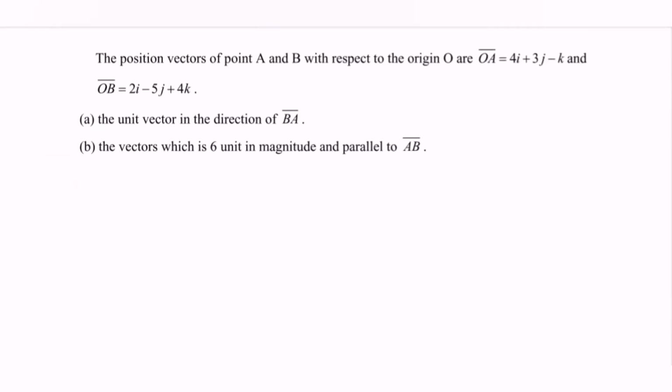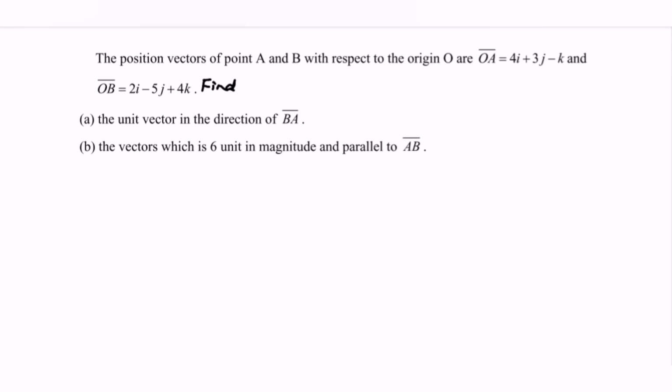Next, we are going to discuss another situation for vectors. The position vector of the points A and B with respect to the origin O: the position vector of A is 4i plus 3j minus k, and the position vector of B is equal to 2i minus 5j plus 4k. Find the unit vector in the direction of BA.